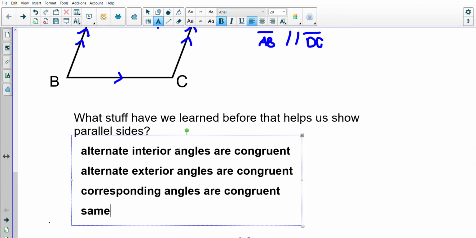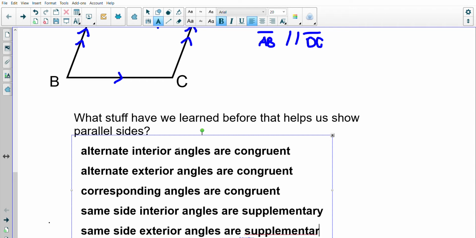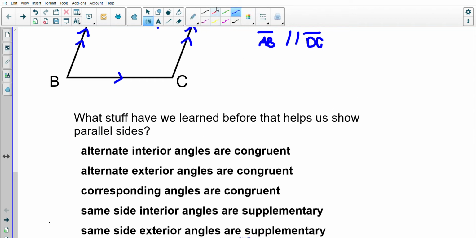We also have, if the same side interior angles are supplementary. And the last way that we've discussed to prove lines parallel is if the same side exterior angles are supplementary. So if we can show any of these things given a certain diagram, we can prove that we're working with parallel lines.